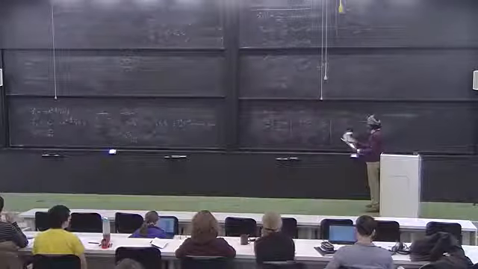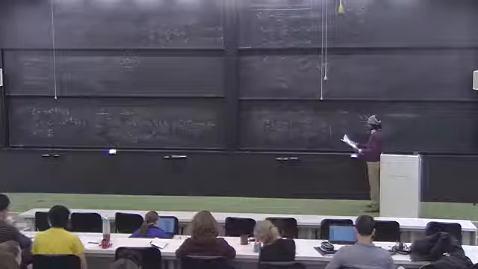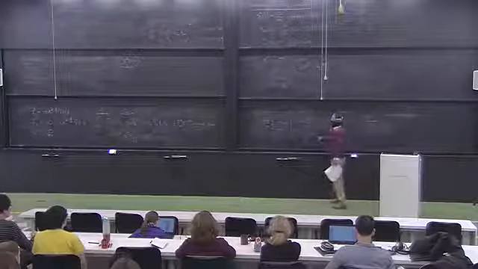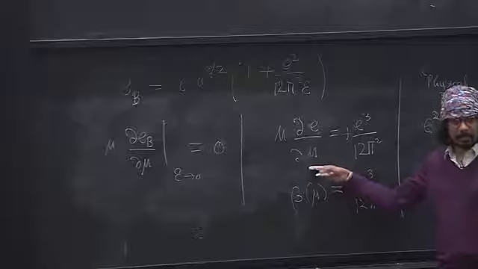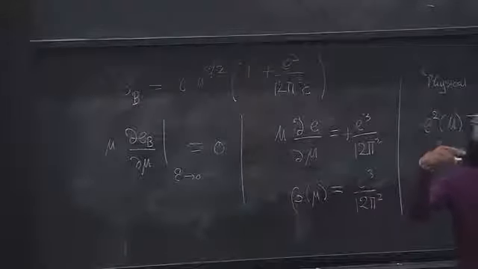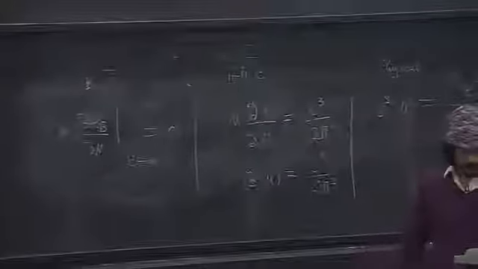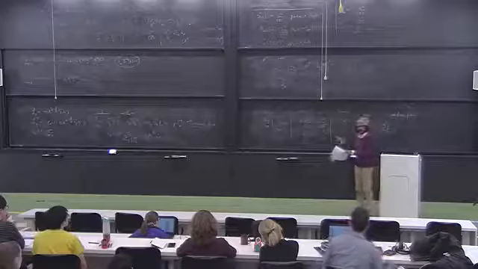All right, just one more comment. There's a positive sign. That means that as you increase your energy, the coupling constant increases in strength. This is in sharp contrast to what you get in QCD.